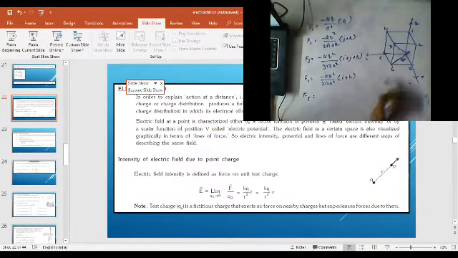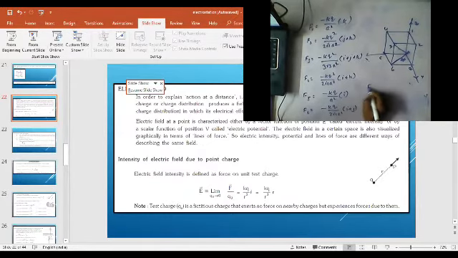F5 is equal to, it is on the x-axis, so we can write it as minus kq by a square, it is on x, so it is I. F6 is equal to, here it is on x and y plane, we are getting minus kq by 2 root 2 a square into x and y, so it is I plus j.